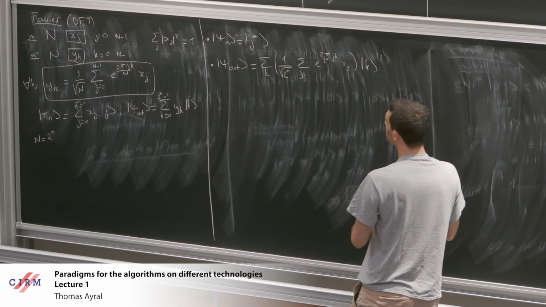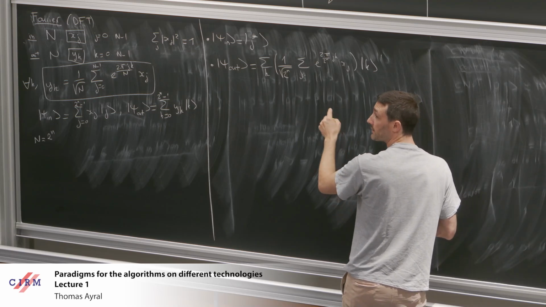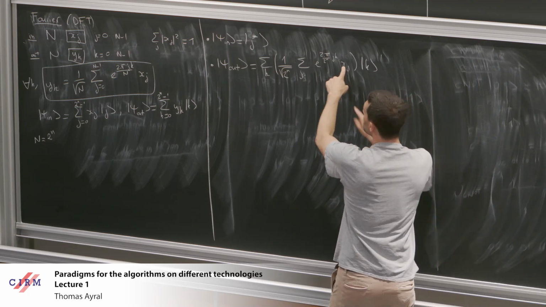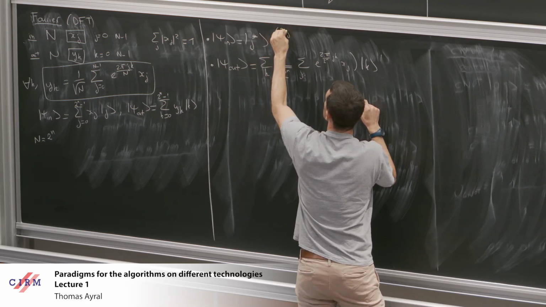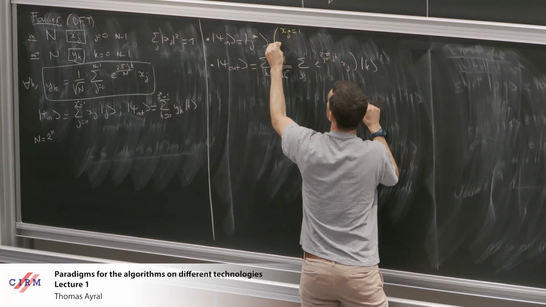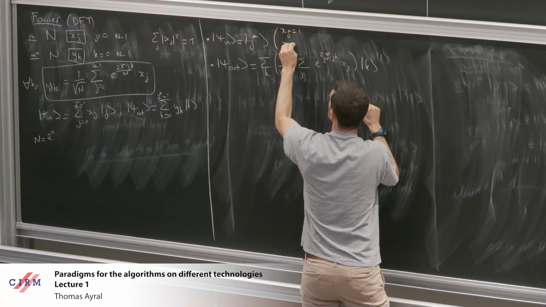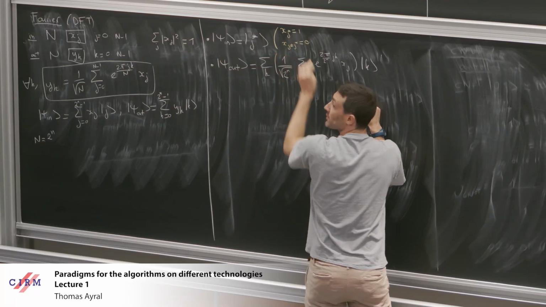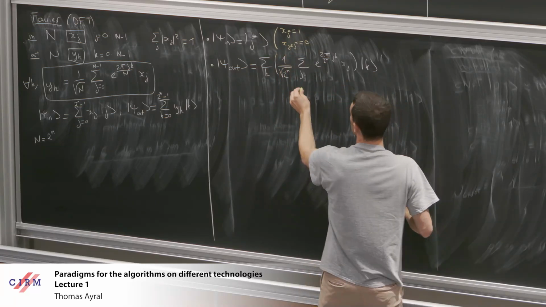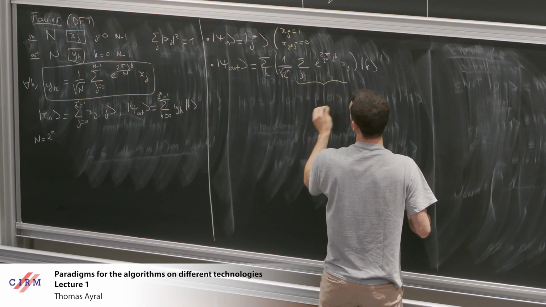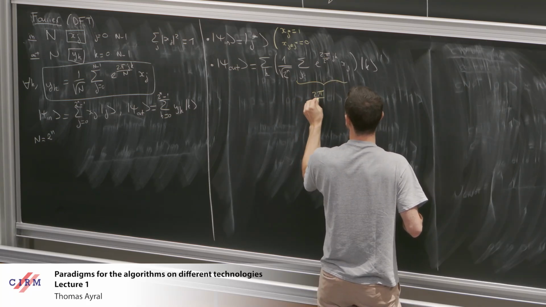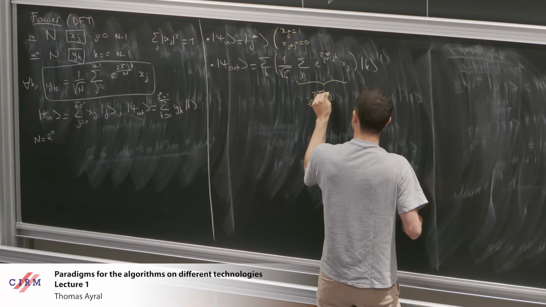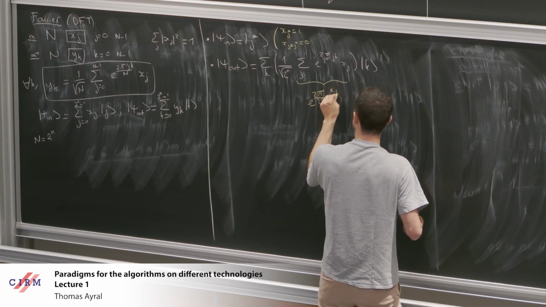But now there's something special about my signal, right? That my signal is just one state. So it means, in other words, that x_j* equals 1 and x_j for j different from j* equals 0. Okay? So in other words, I can simplify this sum here with exponential of i pi over 2^n times j* times k.